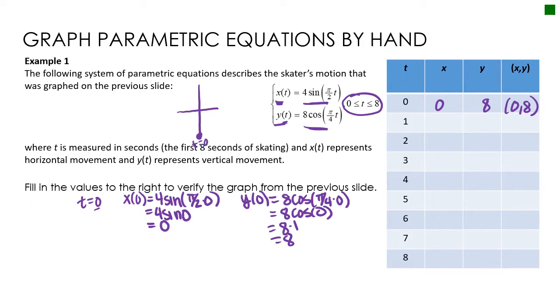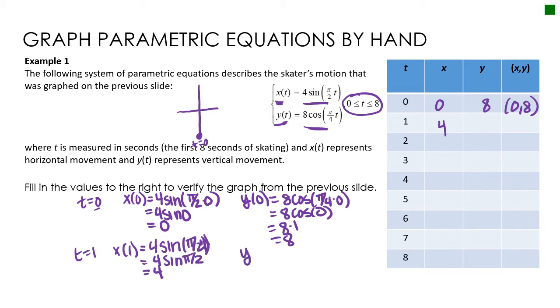Now if we had to find t equals 1, you'd plug 1 in for t in the x formula: 4 times the sine of pi over 2 times 1, which gives 4 times the sine of pi over 2, which is 4 times 1, which is 4.